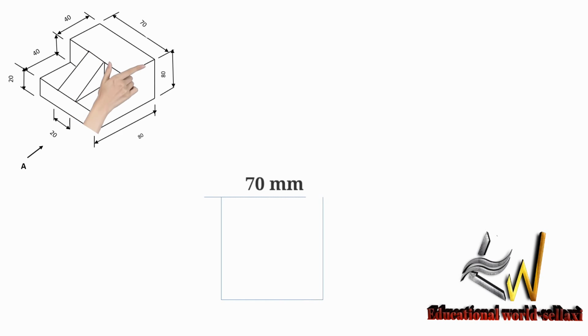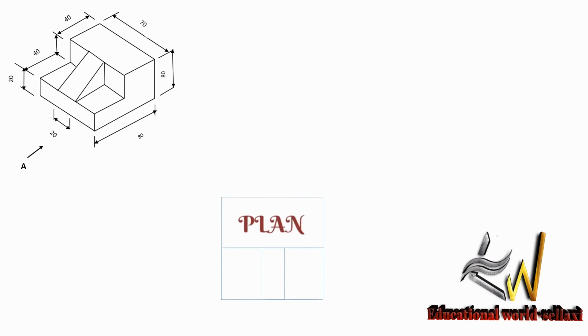Okay, we complete it this way, as you can see. Then we bring our demarcation lines. So this is the picture of our plan.